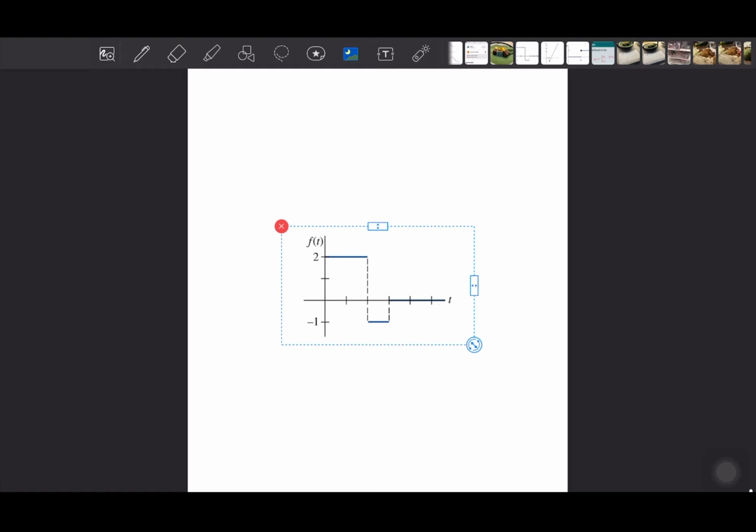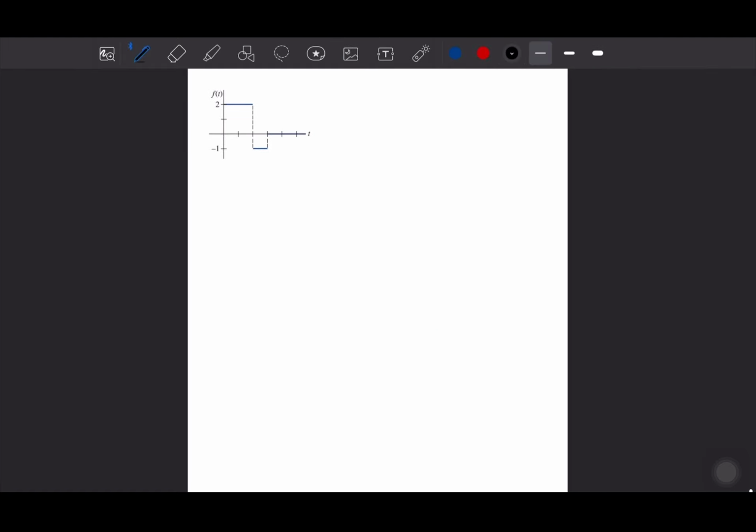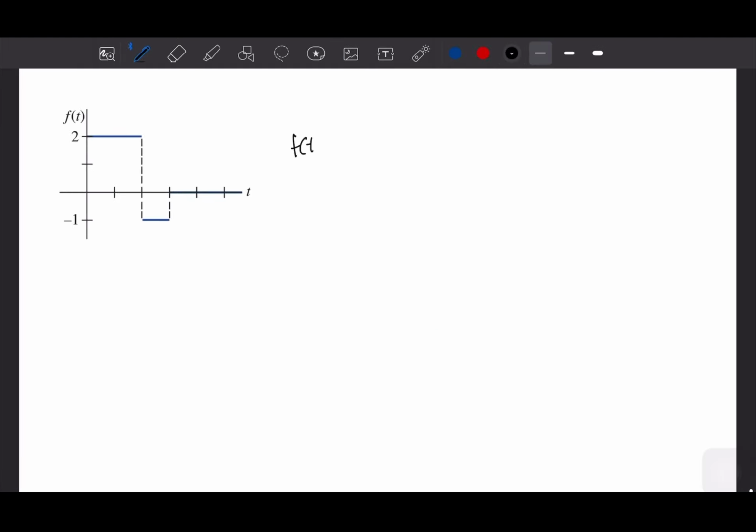To give you an overview on how to use the unit step function, or Heaviside function, in terms of the Laplace transform, let's evaluate the function given in the previous example. We have f of t in terms of the unit step functions as 2 minus 3 step function t minus 2, right?